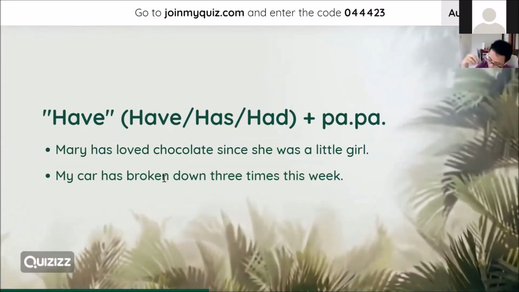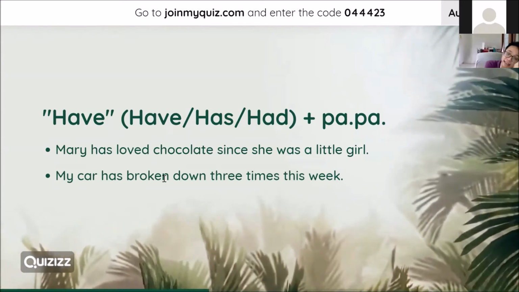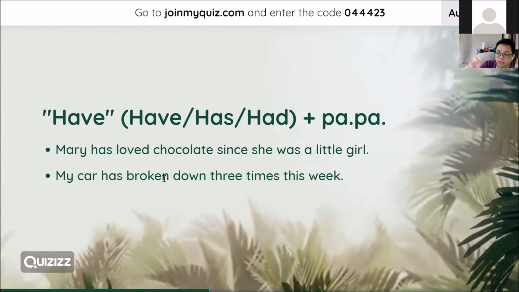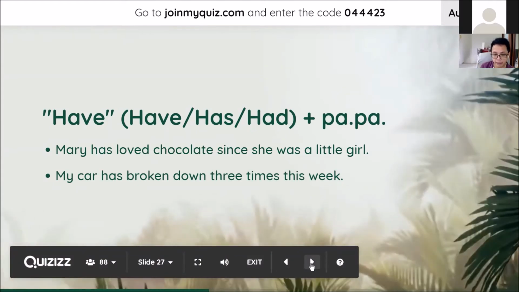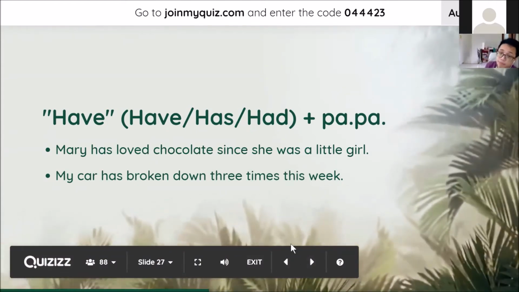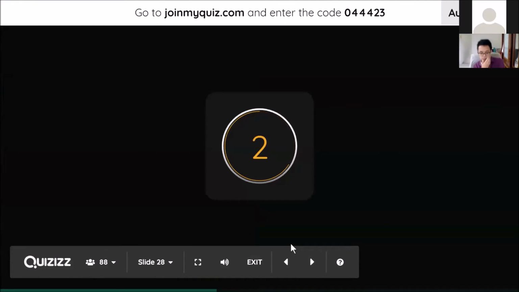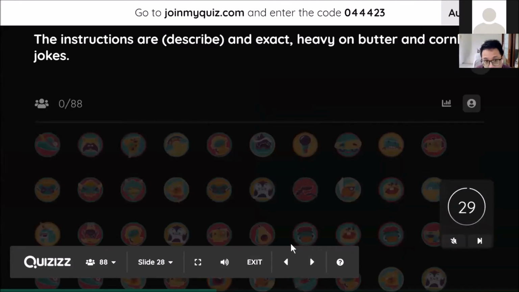So you need to change it to the past participle. 如果它前面是 has, have, had 的话，它后面的动词变成 past participle. Okay, can? 如果它是 perfect tense 的话.